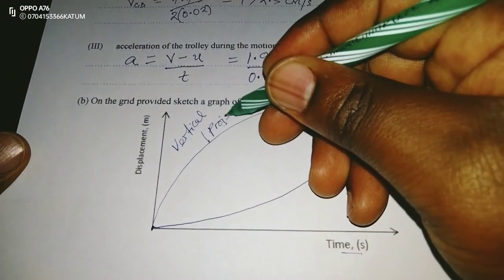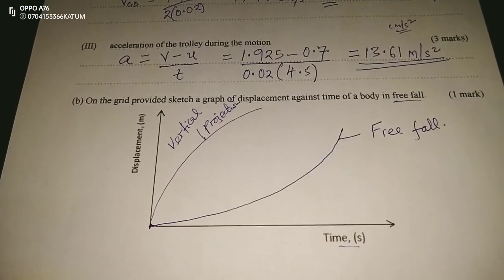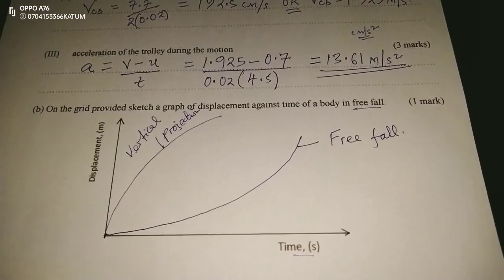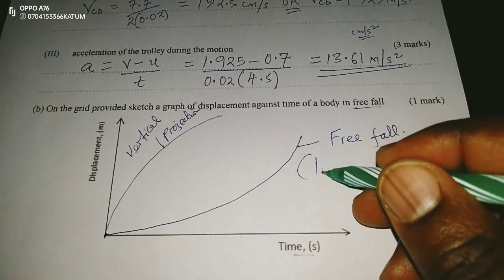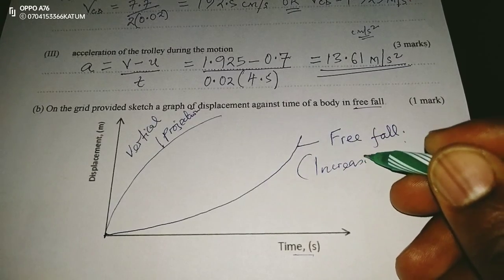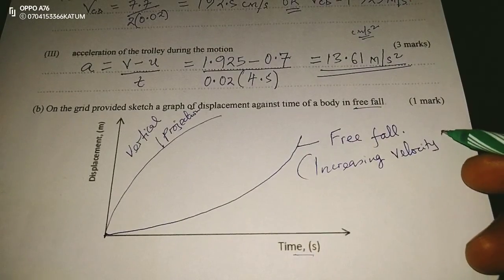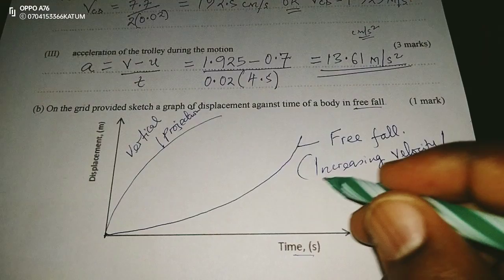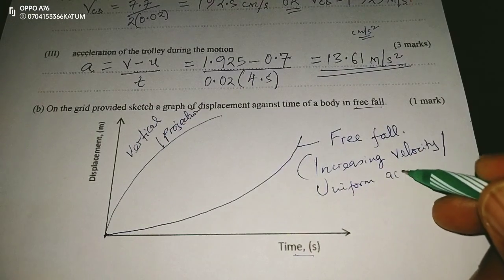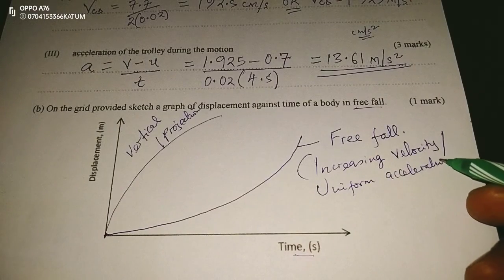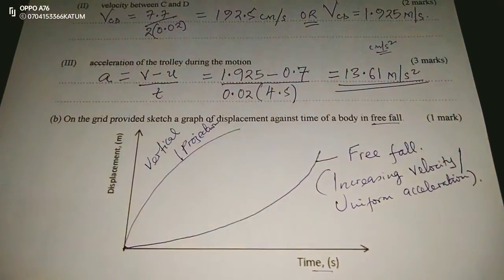So this is increasing velocity, or we can call it uniform acceleration. So the body is accelerating towards the ground. That is how the graph should appear.